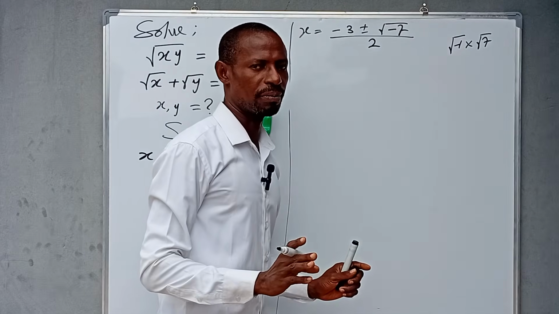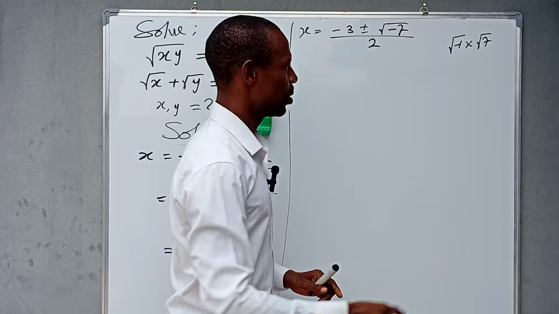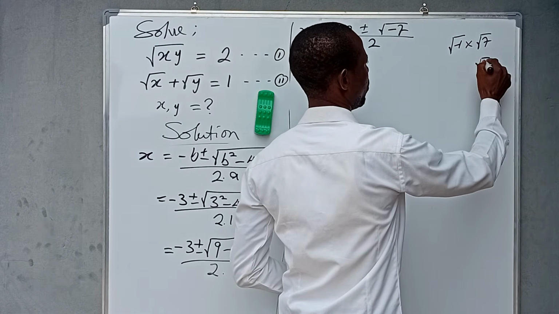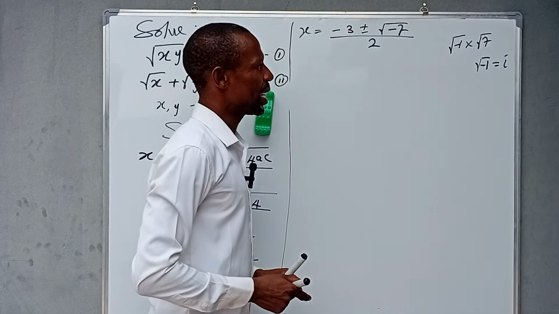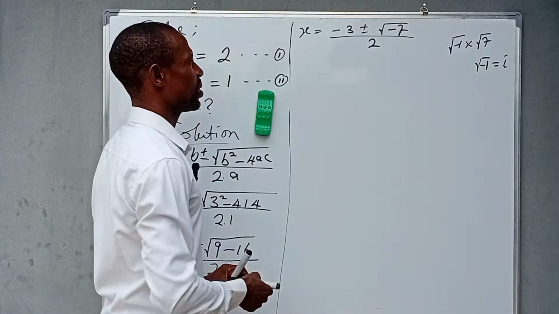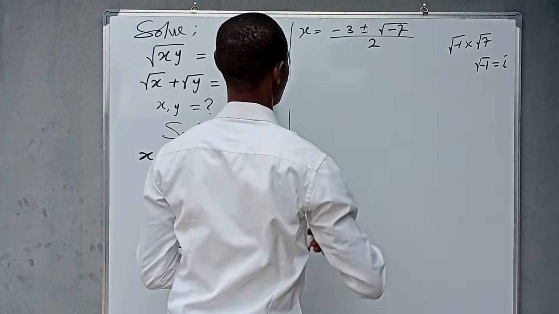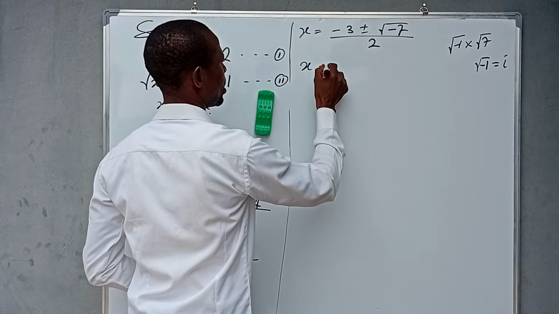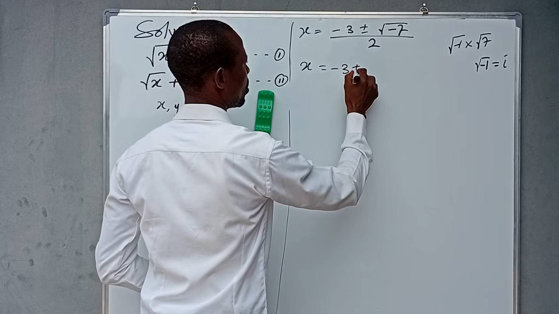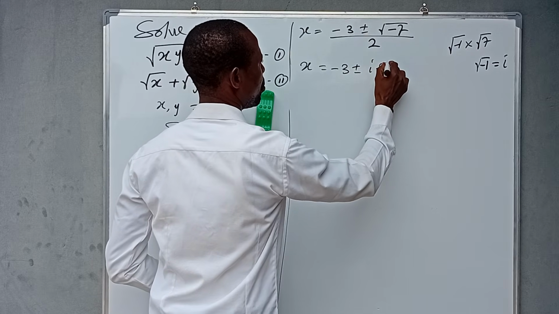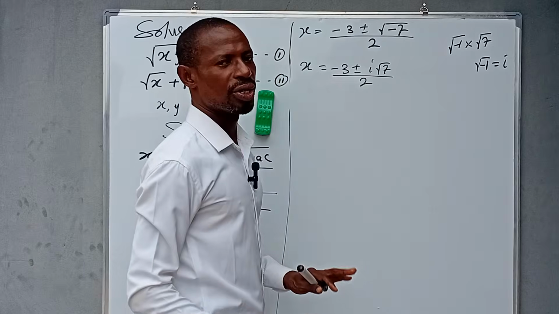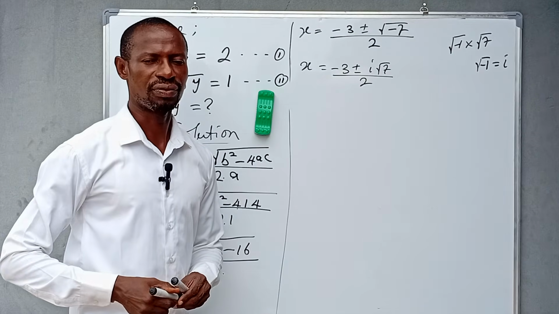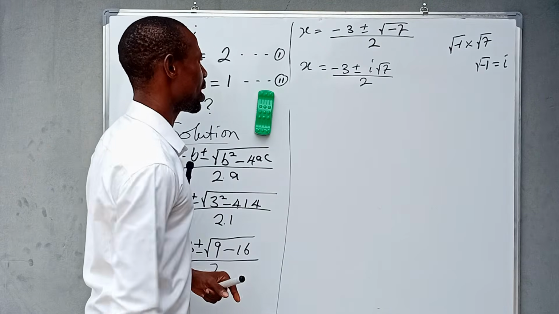Good. Then from our imaginary world, we are told that the square root of minus 1 is equal to iota. So we can bring iota into the system, right? Bringing iota into the system, we can rewrite this expression to give x equal to minus 3 plus or minus iota root 7, all over 2. We now have 2 solutions from this challenge. What are the 2 roots?